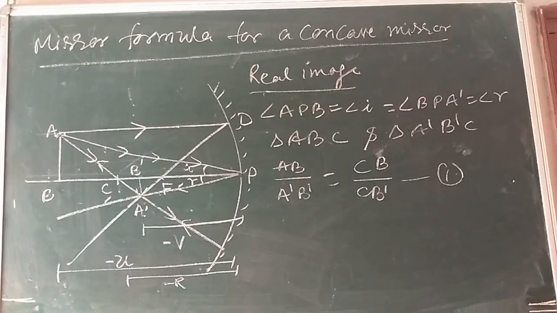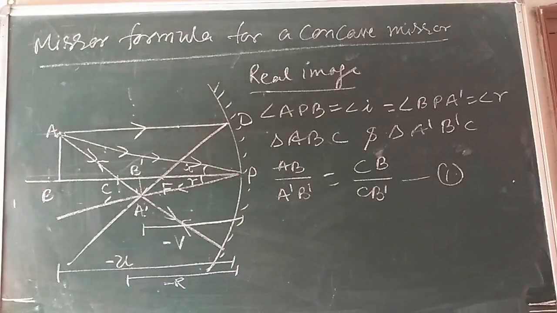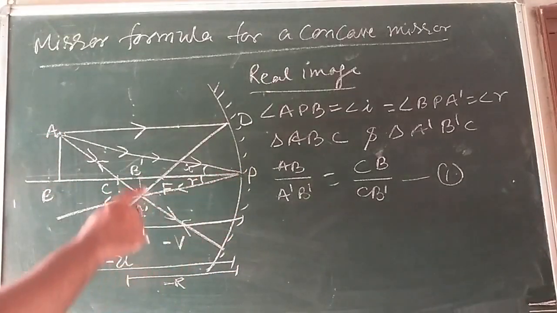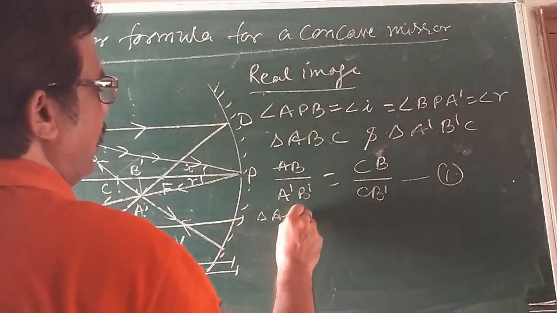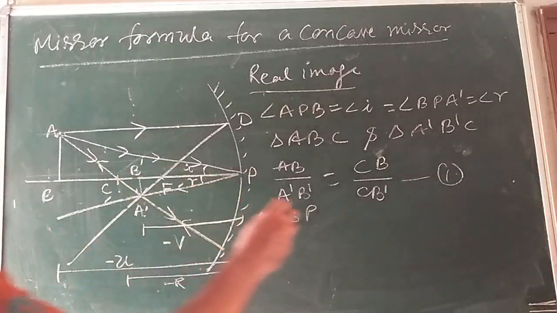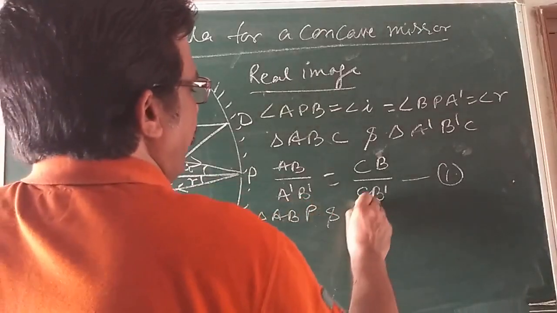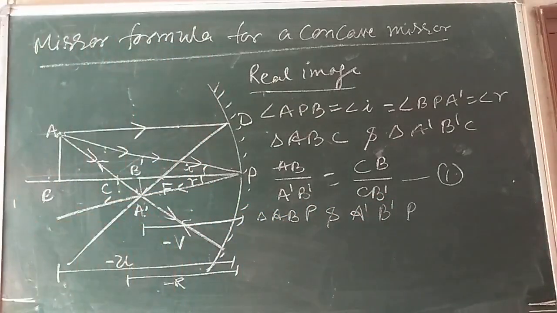Now, children, in the triangle ABP and A dash B dash P, see these two triangles again. Again they are similar triangles.